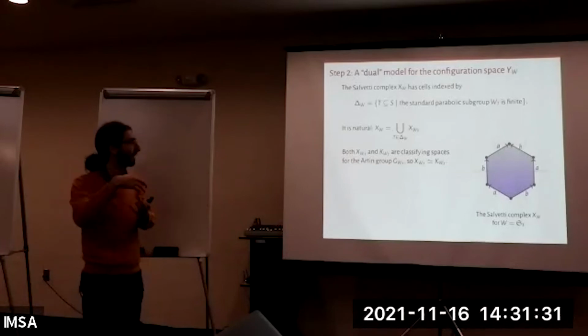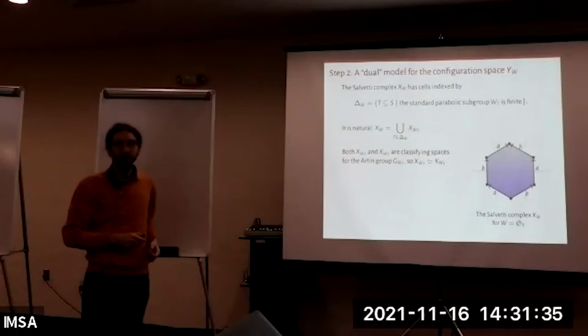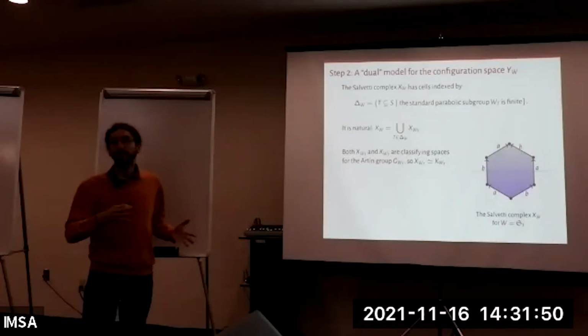It's KWT. This is the interval complex associated with the spherical subgroup WT. And these are classifying spaces because the spherical case is well understood.